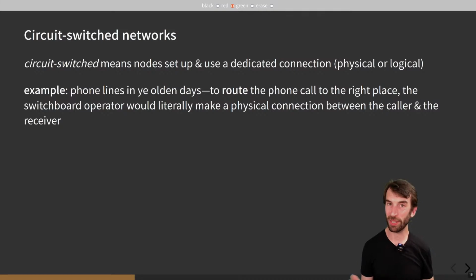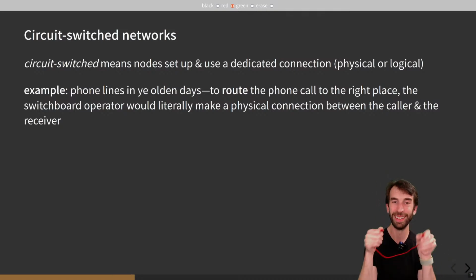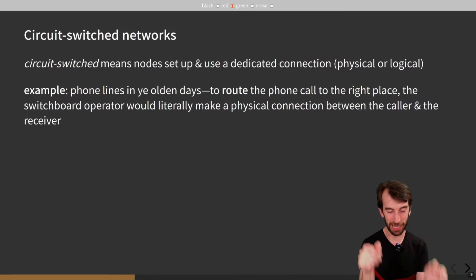You can do this in a physical way as well. So in the olden days, there was this idea of phone lines where there would be an exchange in the middle of town, connecting all the phone lines together, and someone would physically connect your phone line to the person you wanted to call in a big switchboard with a physical wire. Not too dissimilar from an alligator clip, but maybe with a big plug instead.